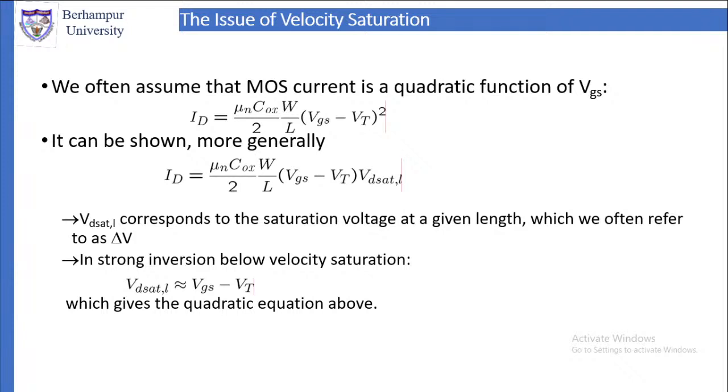This is often referred to as delta V or VD saturation, both are the same. Some books use delta V, some books use VD saturation. So it corresponds to the saturation voltage at a given length. The channel length is fixed, so for a given channel length, what will the saturation voltage be?